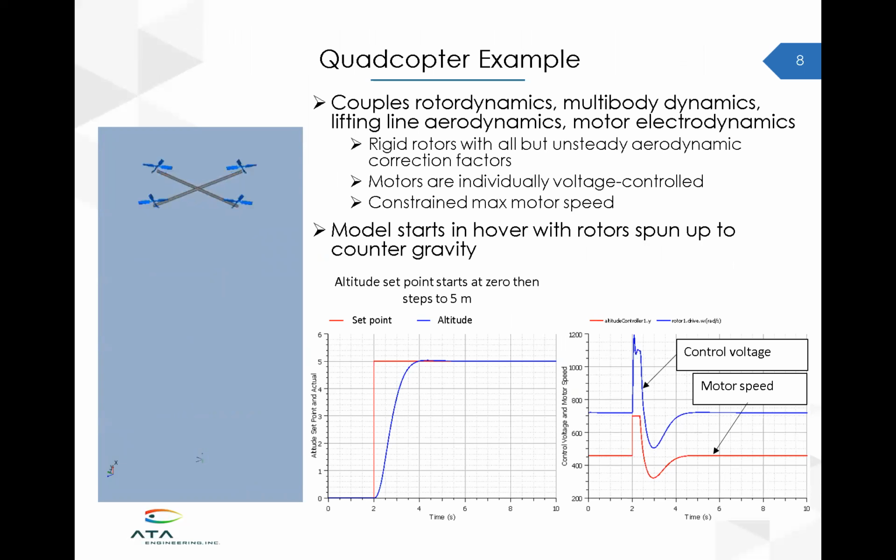This model is controlled through the voltage of the electric motors that are connected to the rotors. And you can see as we change the altitude set point for the control system, you can see the change in the control voltage and ultimately the motor speed that we see in the rotors.